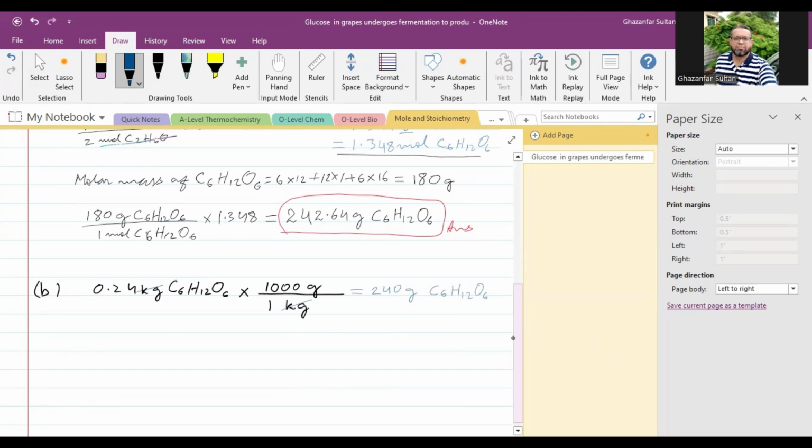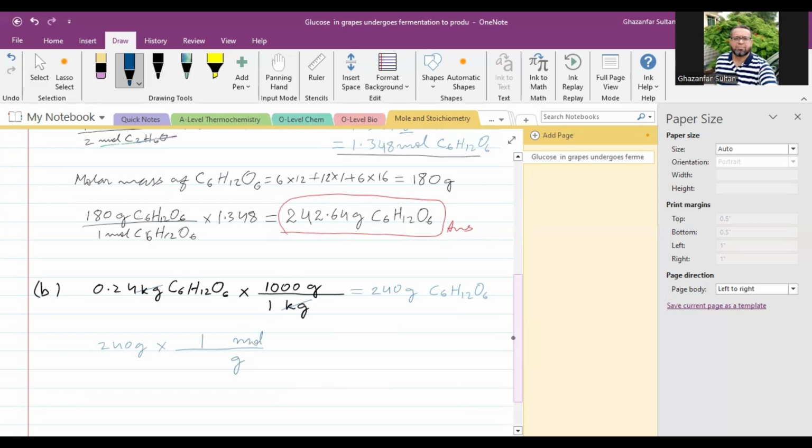Now you have to convert it into moles. So 240 gram multiplied by the factor of mole. The molar mass of glucose is 180, that we have already calculated in part A of the question. So mole should be in the numerator and gram in the denominator.